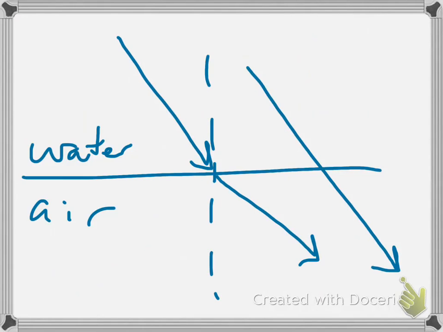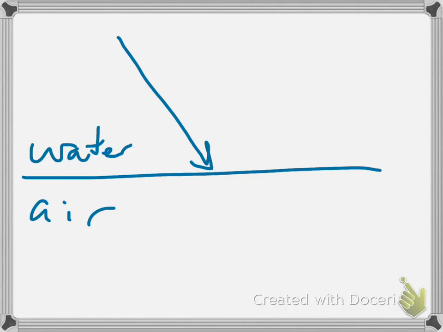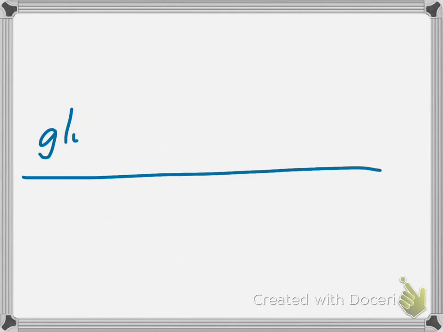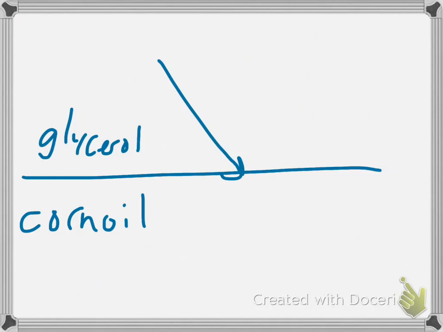So if it was a medium interface between glycerol and corn oil, and this ray came in, we drew our normal line, it should be dashed, then it's not going to refract at all, and those angles should stay constant. It should be the same.